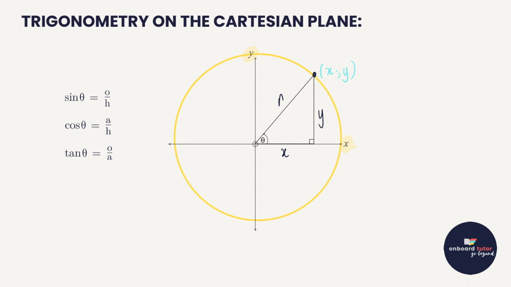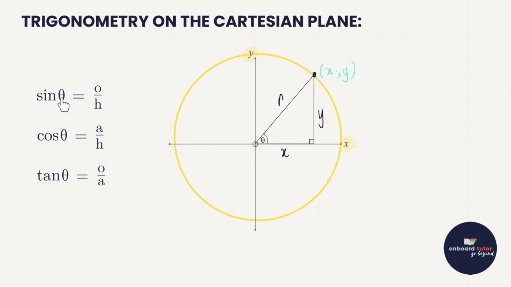Now let's take a look at what our sine, cos, and tan ratios would look like on the Cartesian plane. So sine is opposite over hypotenuse. Have a look at that. Opposite over hypotenuse. Sine now becomes y over r on the Cartesian plane. Cos is adjacent over hypotenuse.